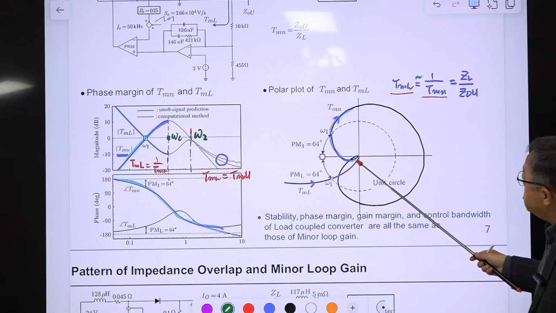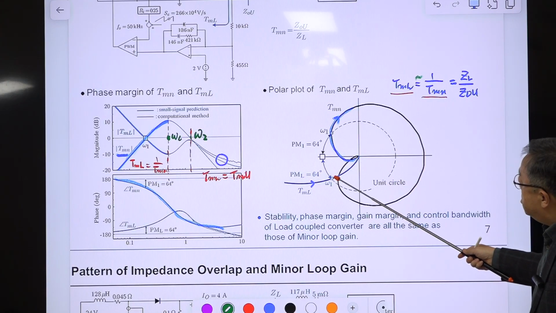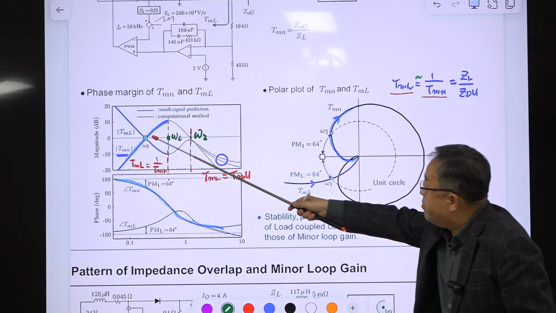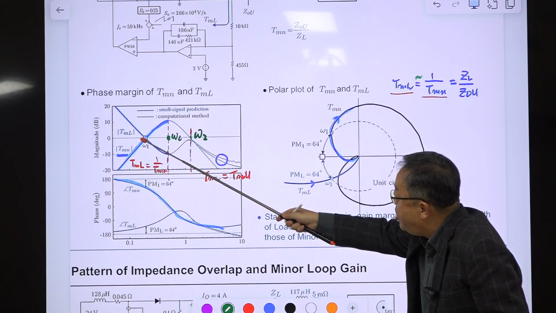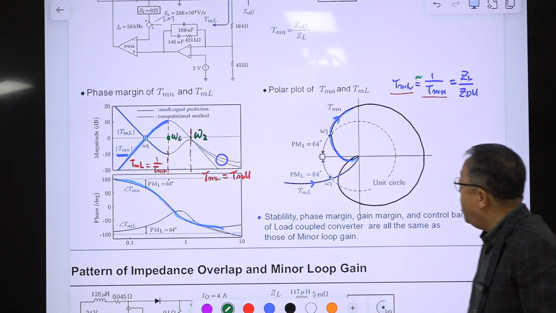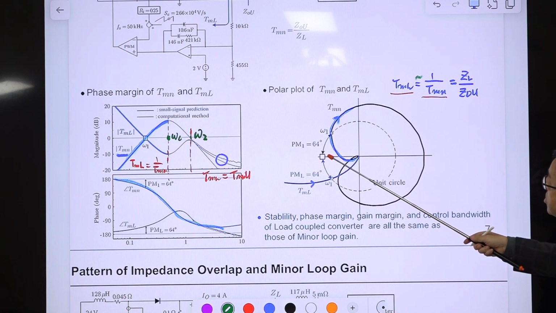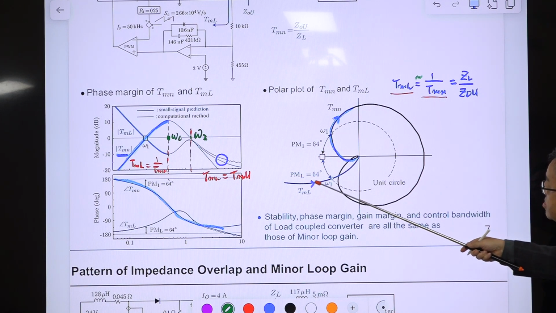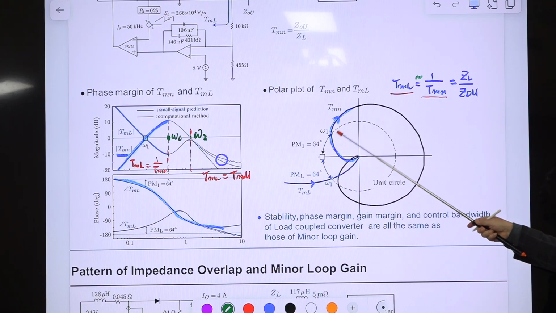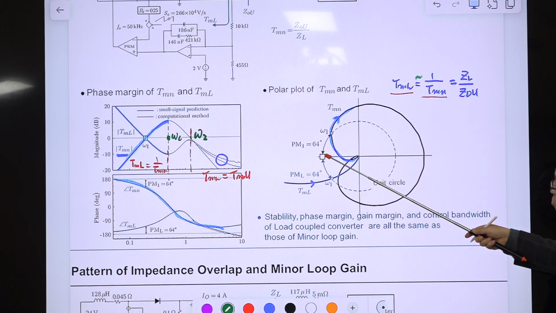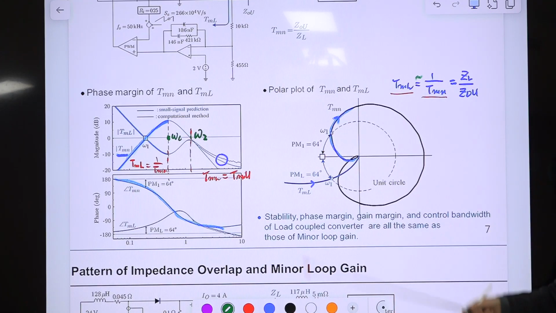The consequence of this is that the crossover frequency of TMN and TML is the same. The phase margin of TMN is this angle, and the phase margin of TML is this one. TML is defined against the phase delay, and this one is defined against the phase advance, but they are the same.